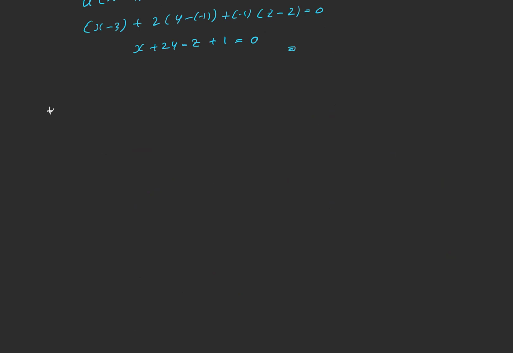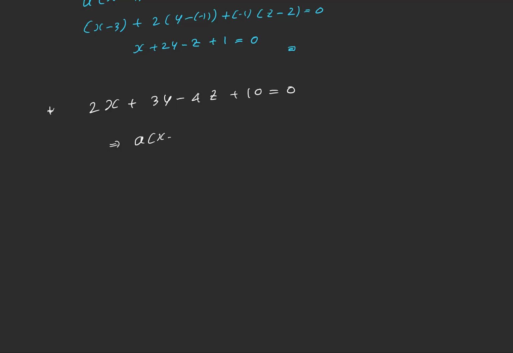My next question is, suppose the equation of a plane is given by 2x plus 3y minus 4z plus 10 equals 0. So this is an equation of a plane. Then how do we find the normal vector to this plane? Let me explain.